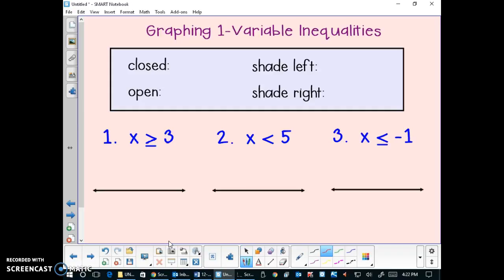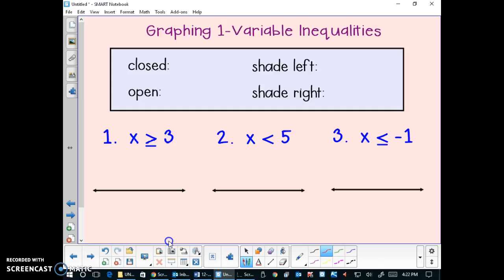If it's a closed circle, that means the value actually equals that number, right? If you just plotted a number on a number line, if I said x equals 2, here's 2, you would put a point there because it equals 2. So if it has an equal to sign, then it's going to be a closed circle.